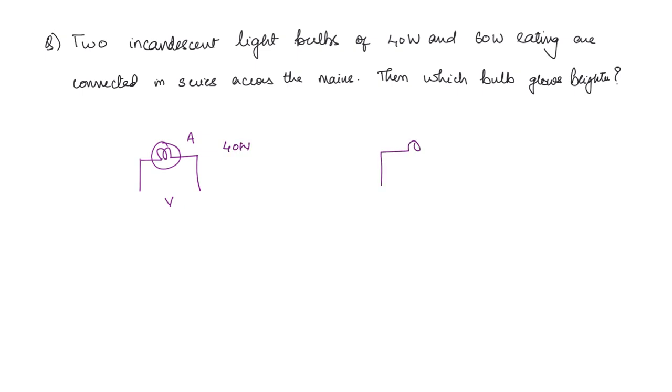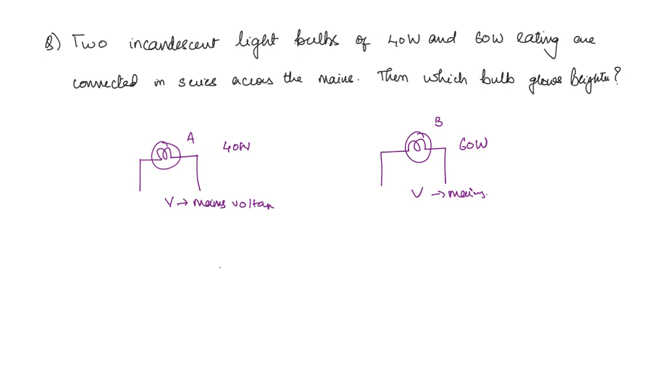Now at the same specified voltage V, bulb B is going to give 60 watts of power. Now this is the mains voltage, that means the voltage that is available in your house socket. This is the mains supply.